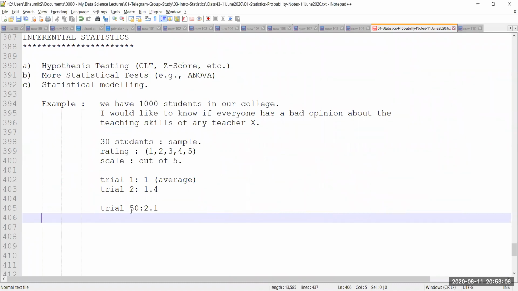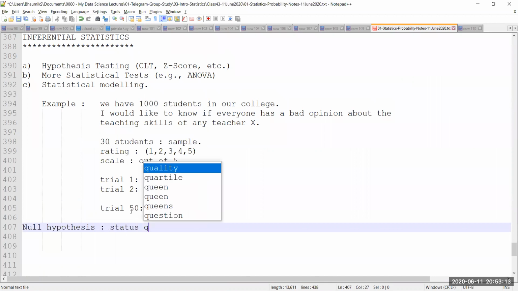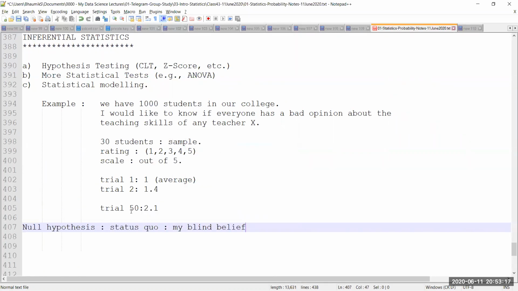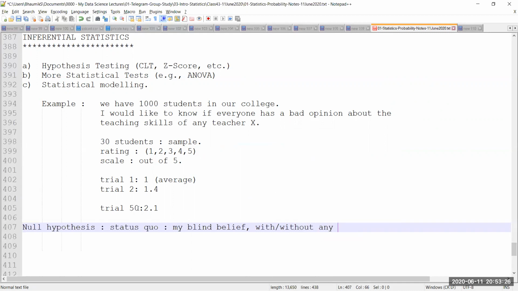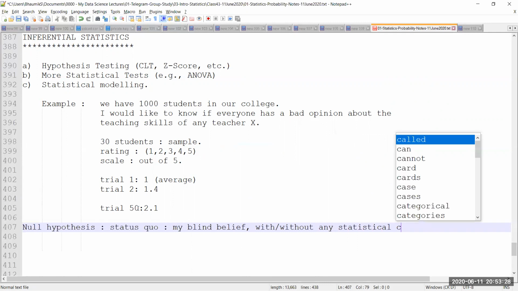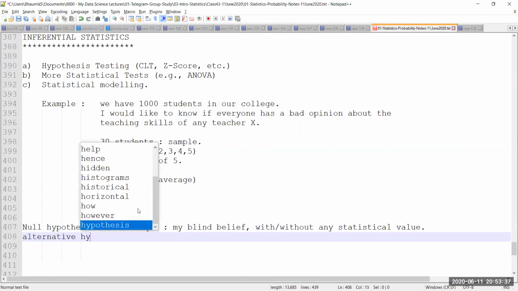So my hypothesis in this case was the null hypothesis, otherwise known as the status quo, or my blind belief, with or without any statistical value. And then I have the alternative hypothesis.